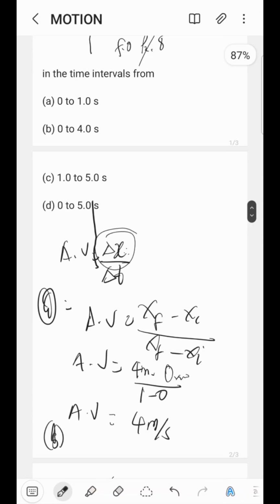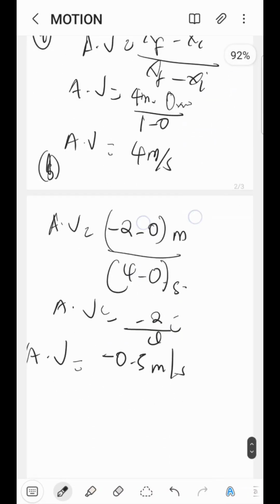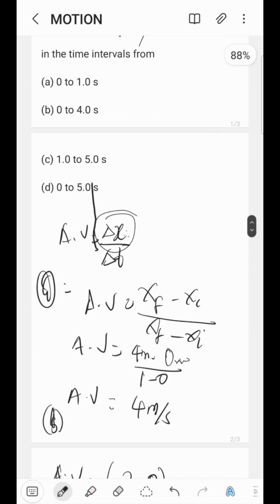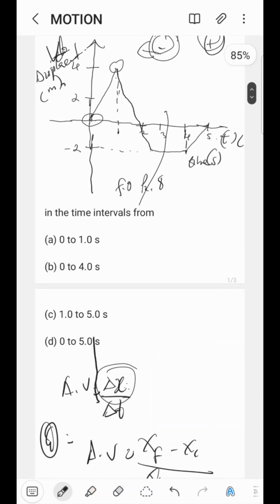Okay, so going on to C. C is 1 to 5 seconds, right? Our initial time is 1, our final is 5. Where is 1? 1 is here, and our initial displacement there is 4 meters. Then our final is at 5. Where is 5? 5 is at 0, right?